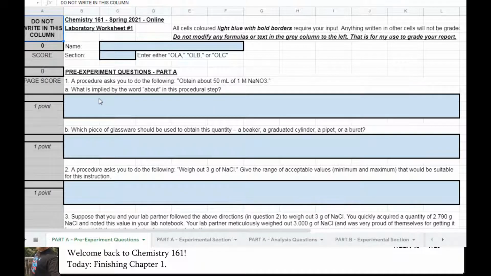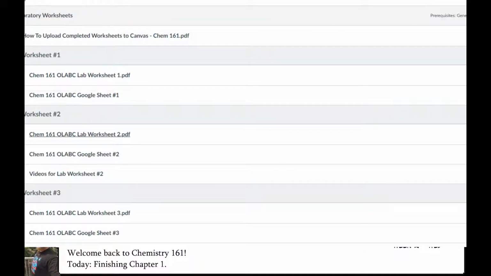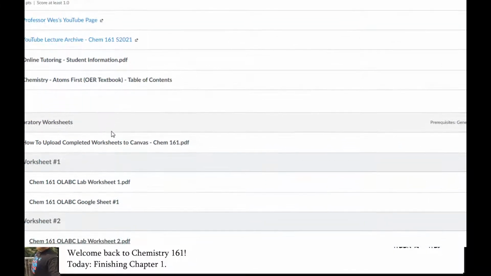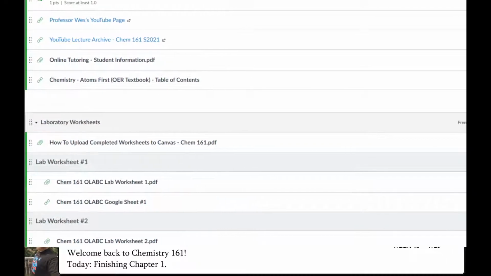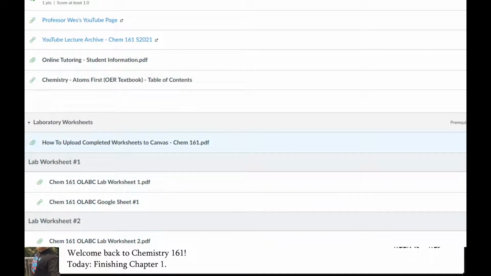Now, in order to access the Google Sheet, you are going to have to go to the Modules tab and click on this module right here. I've got to move this over. How to upload completed worksheets in Canvas. Make sure that you follow those directions to acquire your own copy. It's basically, you click on make a copy to your shared drive or whatever it is.